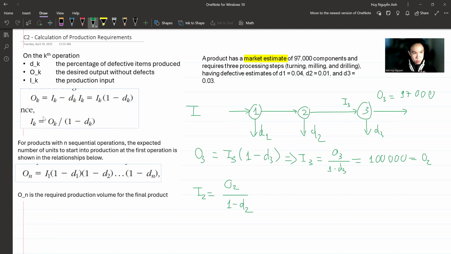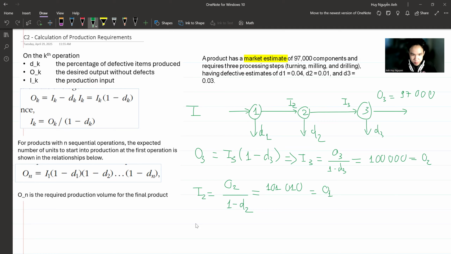Again, I just use this formula, nothing hard, right? Here we have 100,1000 components for I2. The same happens here: the input of step number 2 is the output of step number 1, so it equals O1.